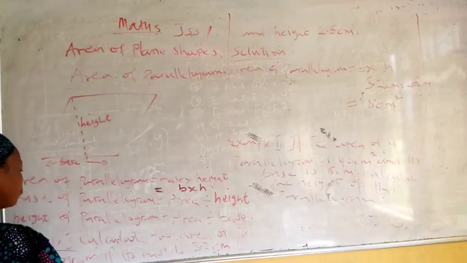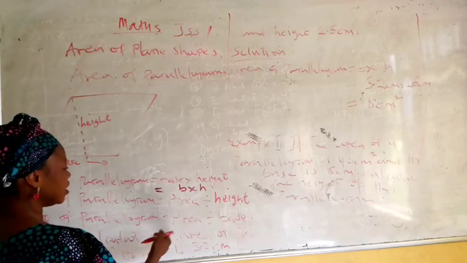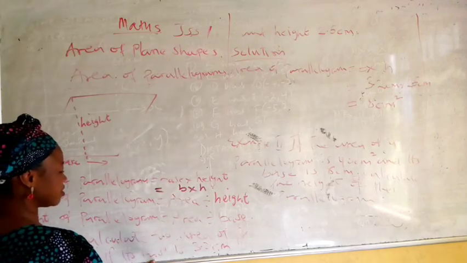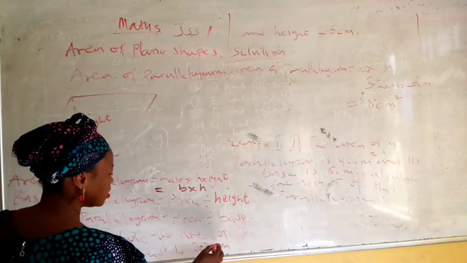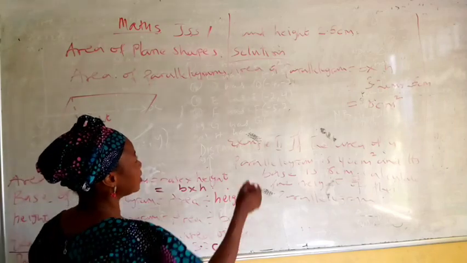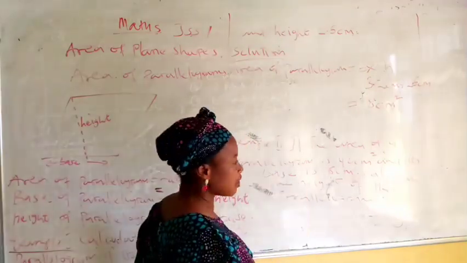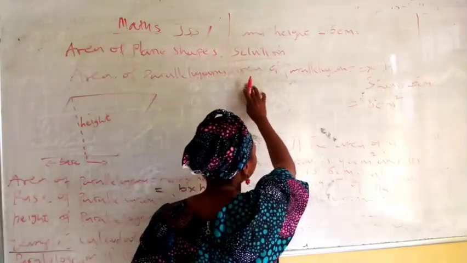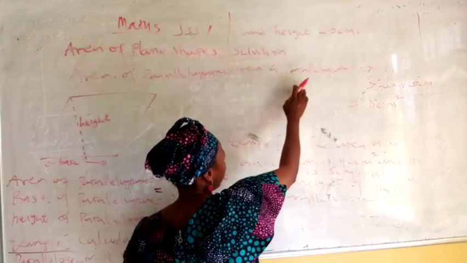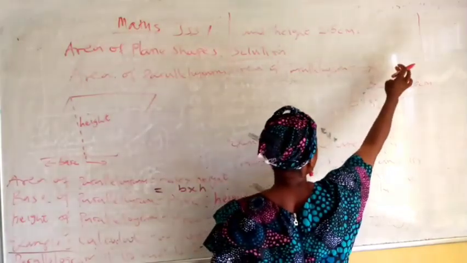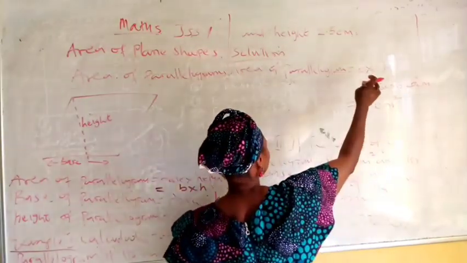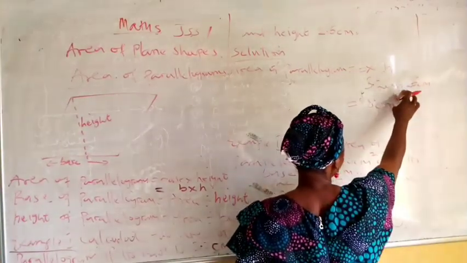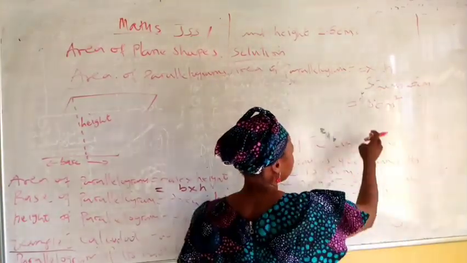The first example, we are asked to calculate the area of a parallelogram if its base is 3.2 centimeter and the height is 2.5 centimeter. To solve that, area of parallelogram is equal to base times height, and our base is 3.2 centimeter and our height is 2.5 centimeter.